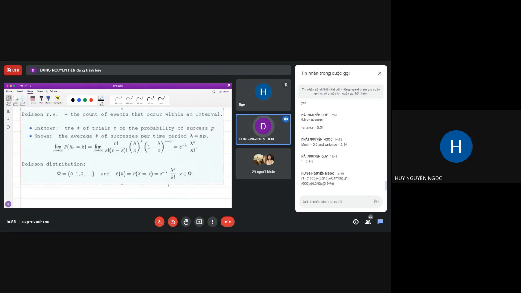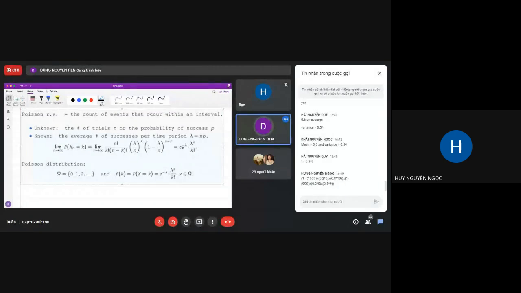Then we consider the probability mass function P(Xn equals k), and then you let n go to infinity. You can get the limit, e to the minus lambda times lambda to the k over k factorial, and we call that function the probability mass function of a Poisson distribution.